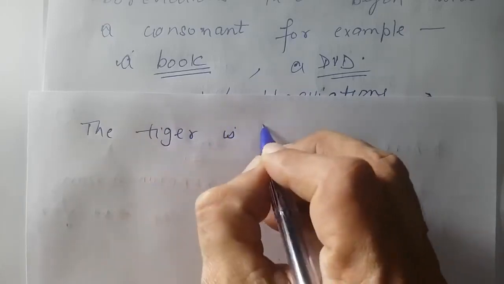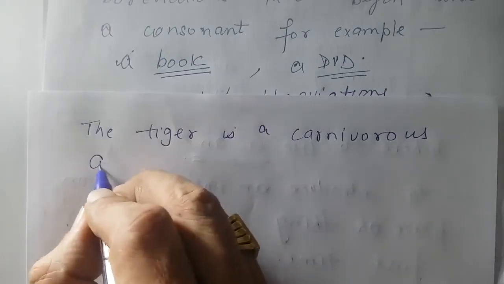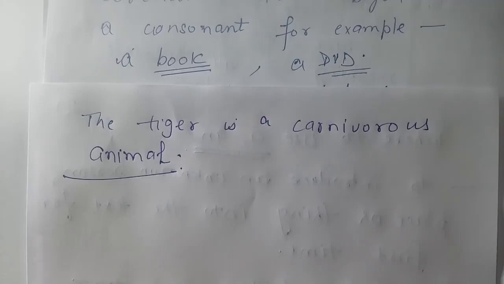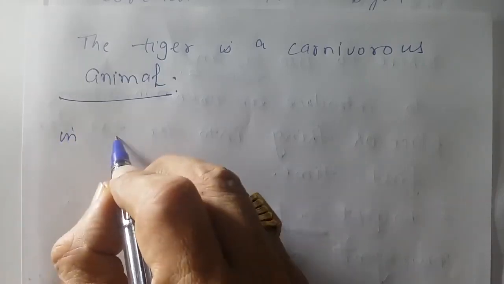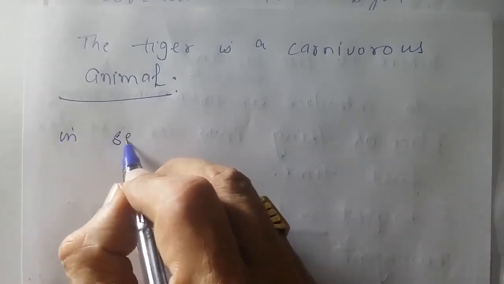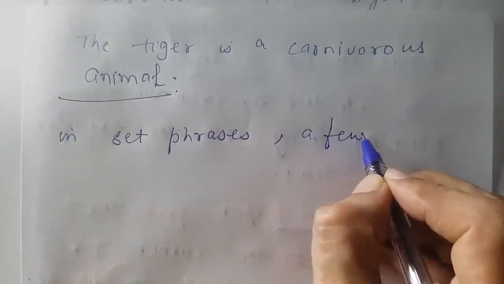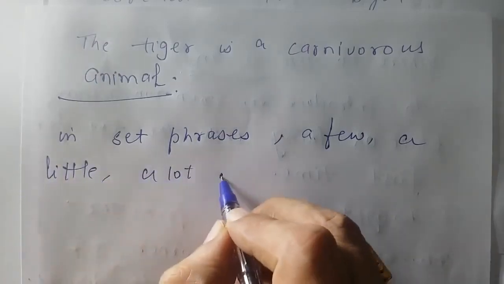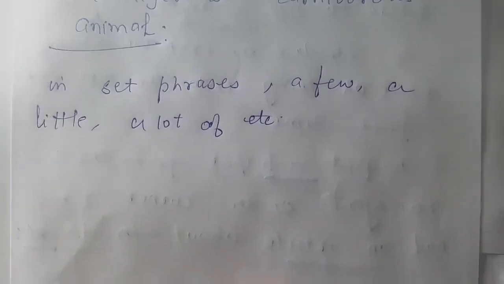The tiger is a carnivorous animal. Right? So that is an example. Then we have to use this. I have also given you the example previously in set phrases like few, a little, a lot of, etc. Right?